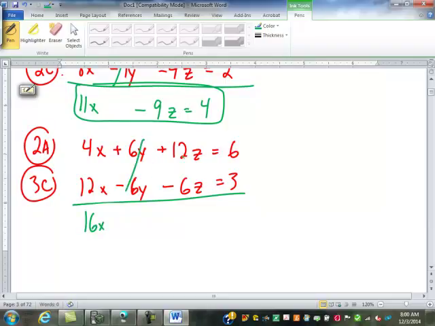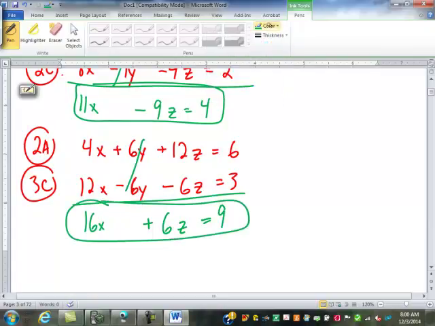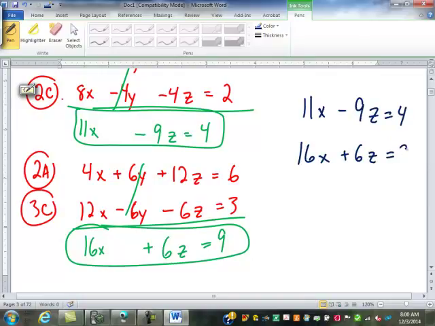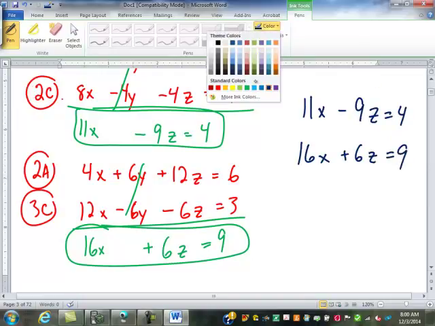Cancel out. 12 and negative 6. 6z. And 6 and 3? 9. Now we have to use those two equations. We have 11x minus 9z equals 4, and 16x plus 6z equals 9.